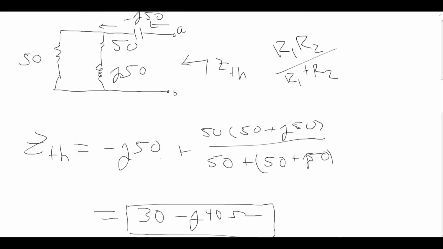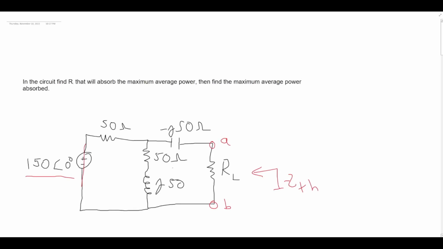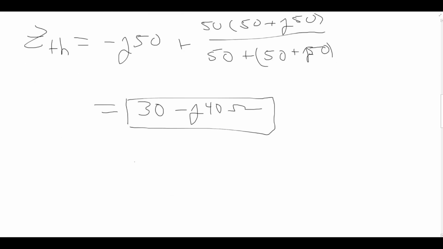Moving on, one thing to note is that in the original circuit, our load resistance is purely resistive. Therefore, the imaginary part of our load resistance is automatically 0 ohms.